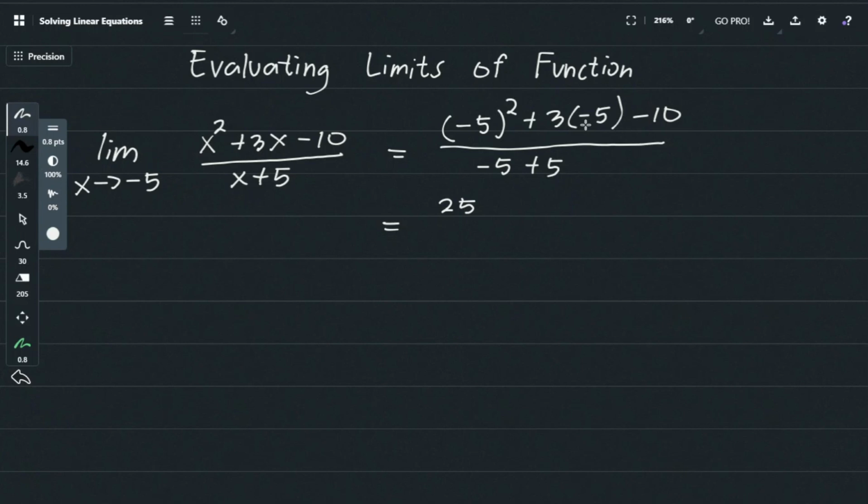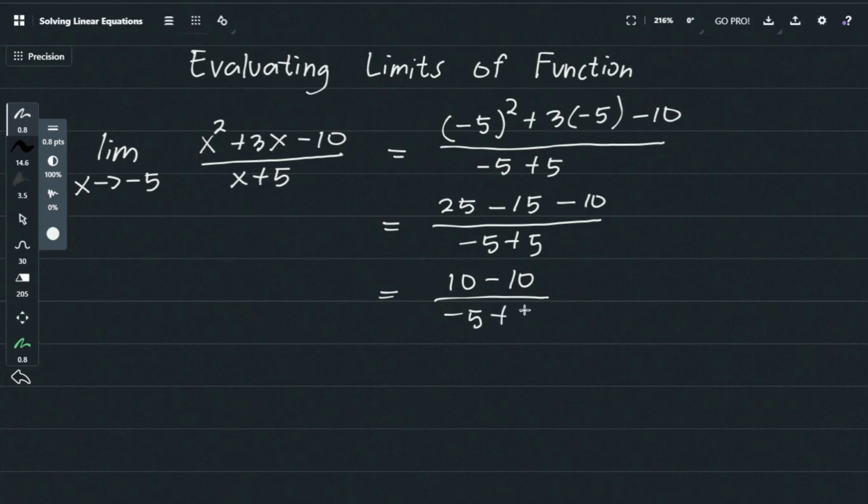Then positive 3 multiplied by negative 5 is just negative 15, minus 10, all over negative 5 plus 5. So 25 minus 15 is just equal to positive 10. Okay, so we have 0 over 0. So this is in indeterminate form.